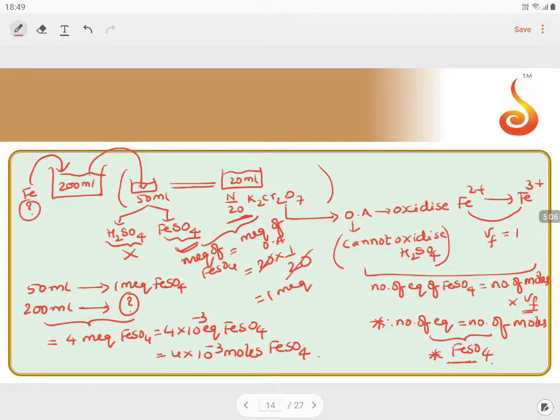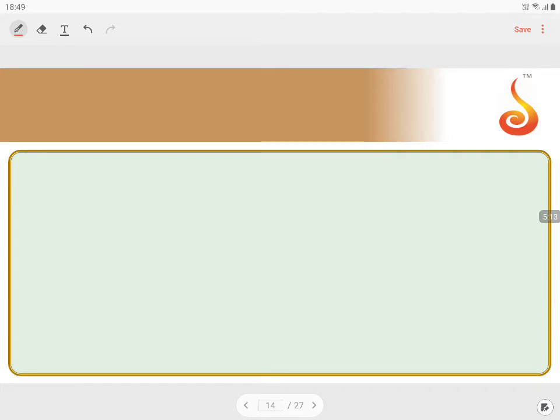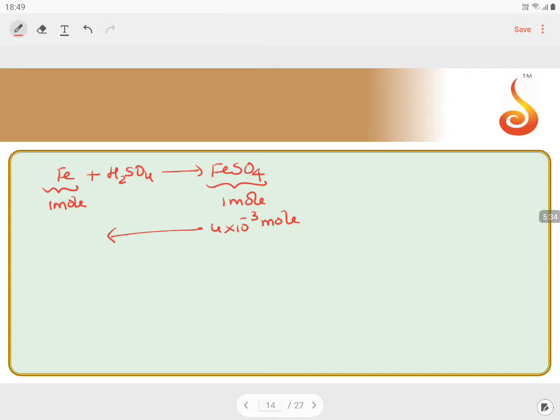To understand this, let us go to another slide. Iron reacting with H2SO4 gives FeSO4. In this case 1 mole gives 1 mole. We found 4 into 10 power minus 3 moles of FeSO4 is formed, so the number of moles of iron is also 4 into 10 power minus 3.